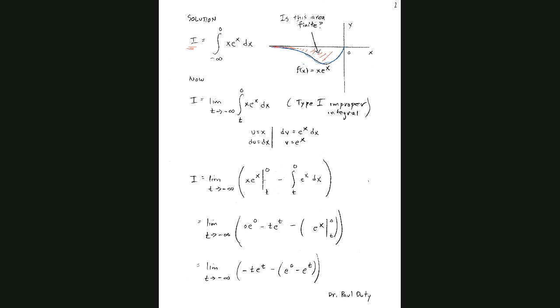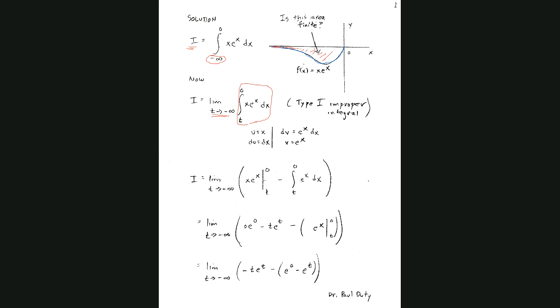So the way I'm going to get around this issue where my bottom limit is negative infinity is to express the integral I as the integral going from t to 0, not negative infinity to 0, but t to 0, of x e to the x dx, but then letting t go to negative infinity.